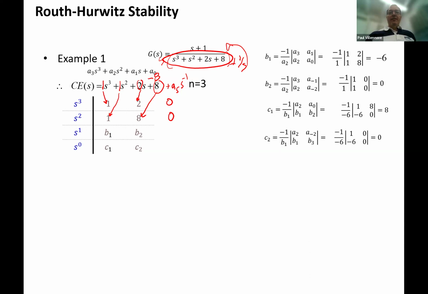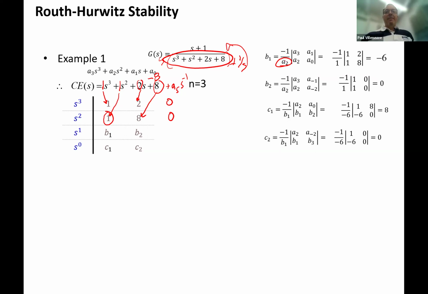Also, I forgot, I should have mentioned, you're always going to divide by that term there. So if you're calculating B1, it's always going to be the term just above it in the same row that you're going to calculate. Okay. So it's always that specific term, that A2 term.